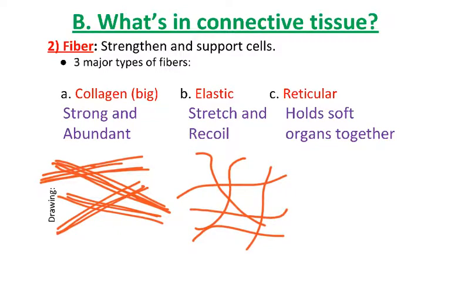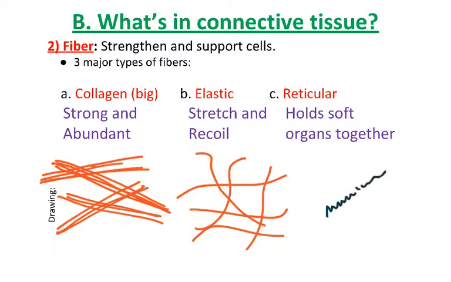Reticular, on the other hand, is usually very thin and hard to see. In order for your microscope to pick up on reticular, they have to use a special stain that turns the reticular strand super dark, like black or silver. They look like elastic in that they're very thin, but one of the weird things about them is they tend to ripple a lot.